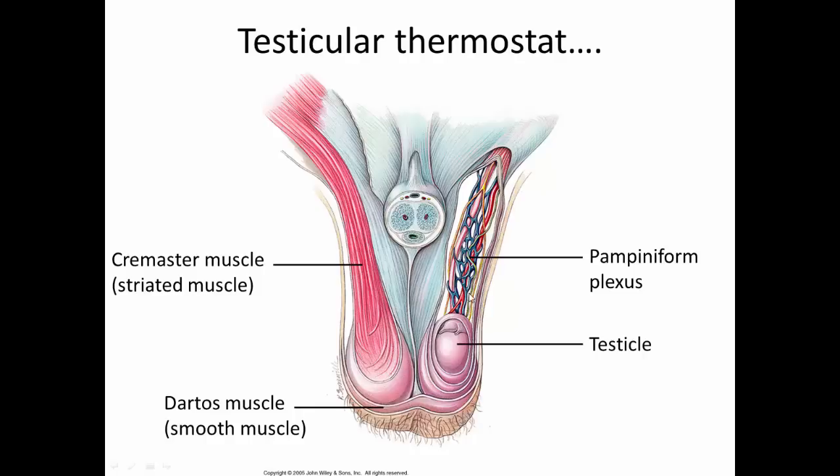And so this pampiniform plexus is going to cool the incoming warm blood. Warm blood comes in, cool venous blood surrounds it and cools it, so that we get a countercurrent heat exchange, and that will allow us to have cooler blood going to the testicle, and thus that is going to allow for that 2 to 3 degree temperature change. So we have a number of mechanisms there to keep the testicles at the right temperature.